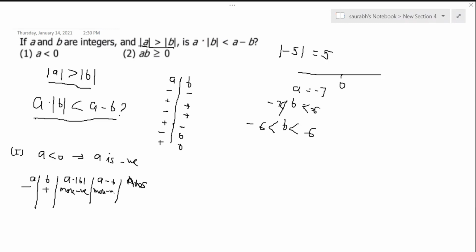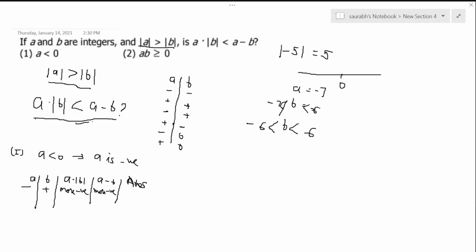Now, since both are getting more negative, can we conclude anything from this statement? See, for some values, this may be true: A into absolute value of B less than A minus B. For some values, it will be true. For some other values, this may not be true.